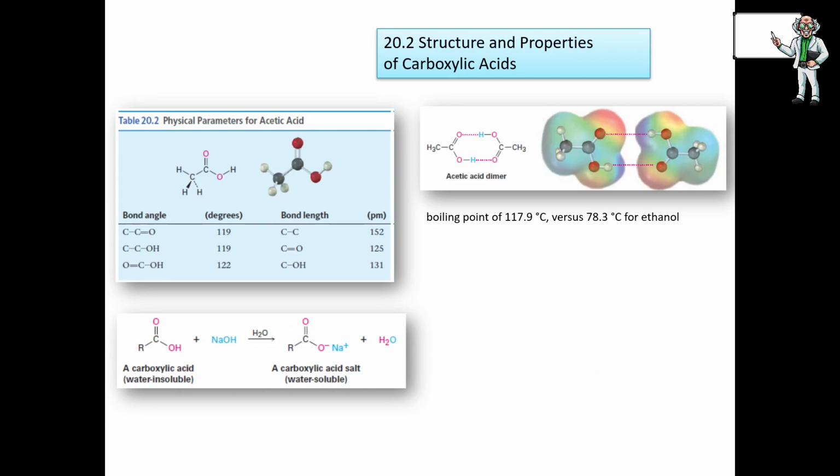Good. Then, what are the properties of carboxylic acids? Well, the properties of carboxylic acids come from the functional group. The functional group is nothing more than a carbon double bonded to an oxygen and bonded to a hydroxyl group. If we check electronegativities, the carbon has an electron-positive charge, and the oxygen has to be electron negative.